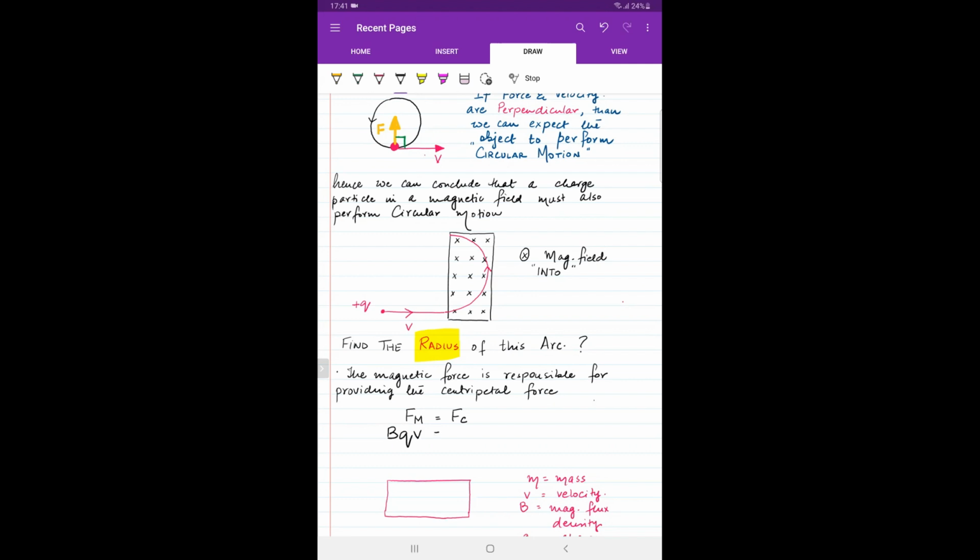Centripetal force के तो काफी सारे formulas किए थे. One of them was mv square upon r. I'm writing down r with a red marker because my interest is to calculate the radius. If you simplify r to make r the subject basically, you'll end up getting this answer. Simplify आप करके देख लो.